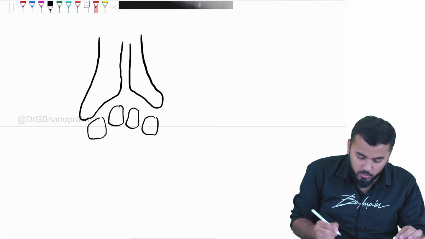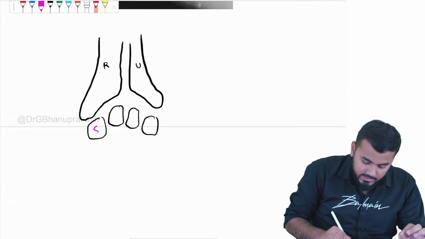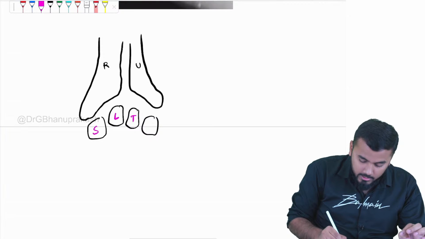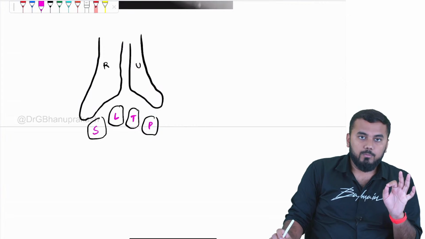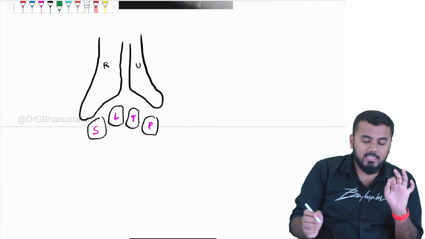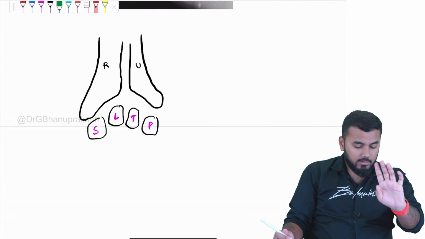You have carpal bones like this. Let us say this is radius, this is ulna. Carpal bones like scaphoid, lunate, pisiform, triquetrum. So these are the bones. See, guys, there is a theory that there is a ligament. All of you listen.